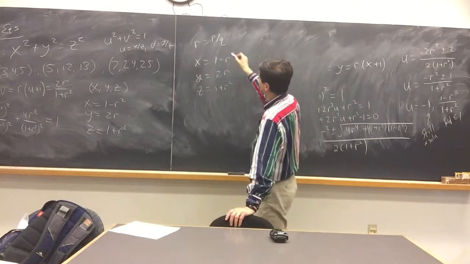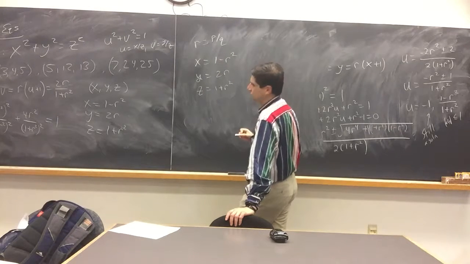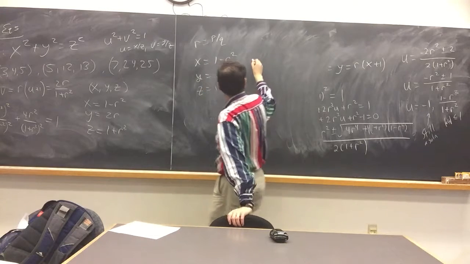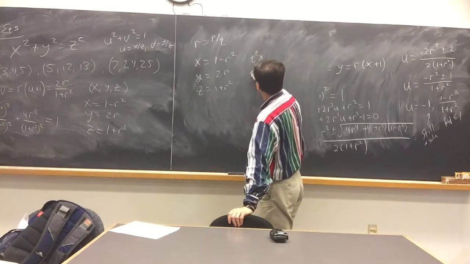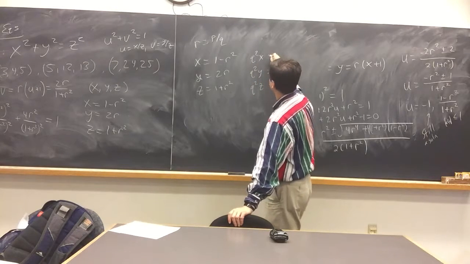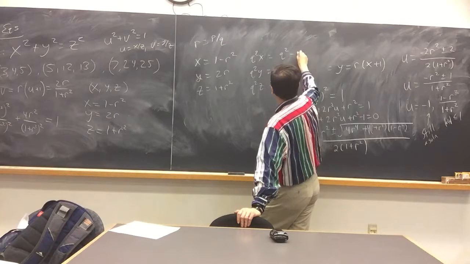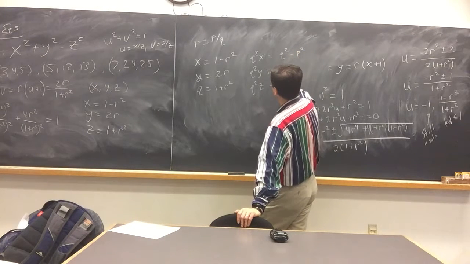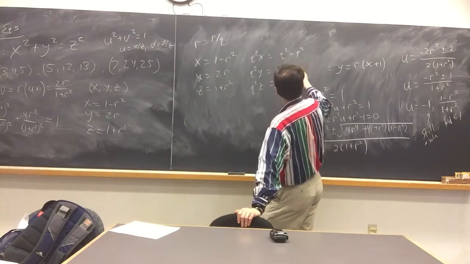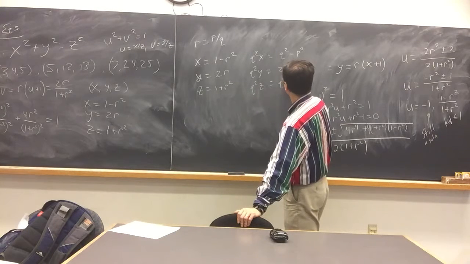Now if I multiply through by, I think maybe q squared, then q squared x, q squared y, q squared z, I would get q squared minus p squared. I would get 2p over q times q squared is 2pq. And then over here I would get q squared plus p squared.